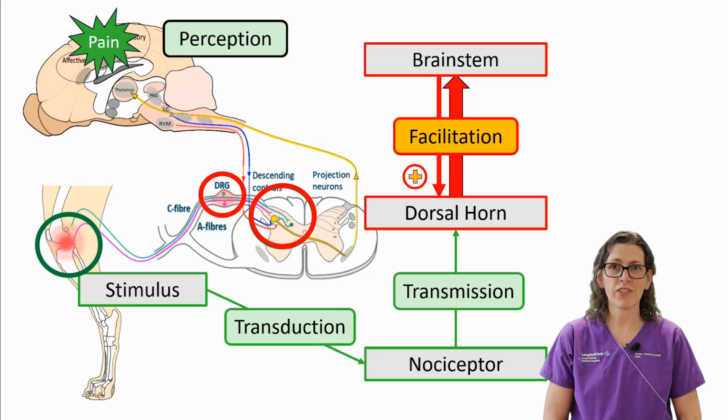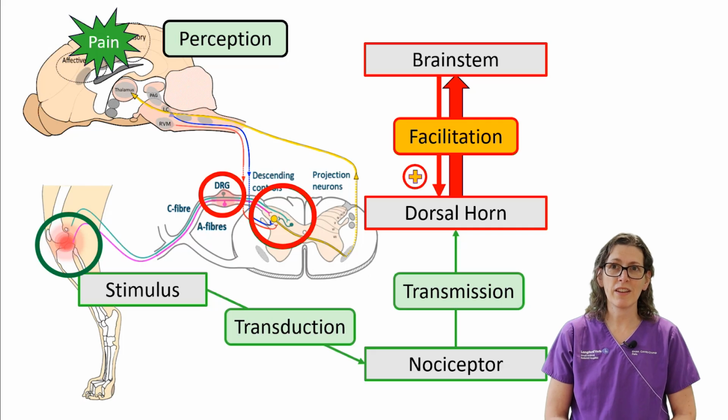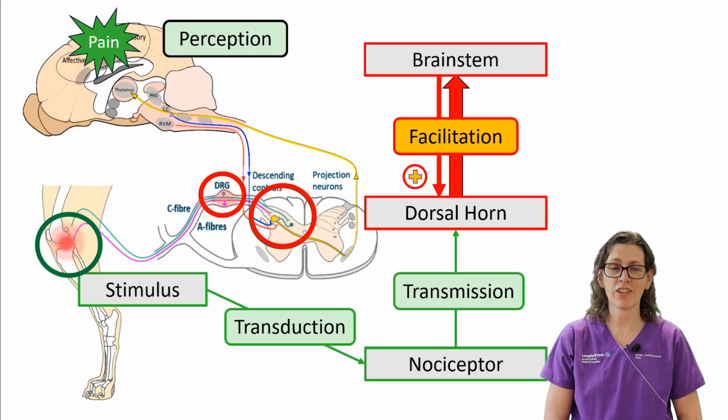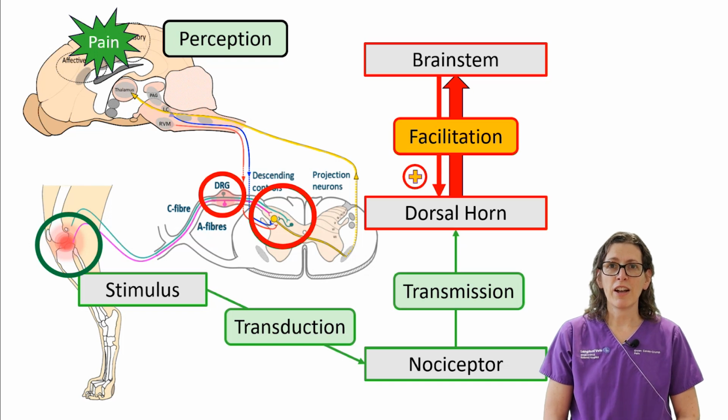However, when pain persists for hours, days, or weeks, the dorsal horn neurons become sensitized. We see alterations in the descending control of pain, and further dorsal horn sensitization, illustrated here by the color turning red. And in fact, what we might start to see is descending facilitation instead of inhibition.